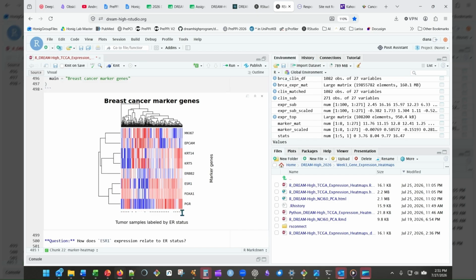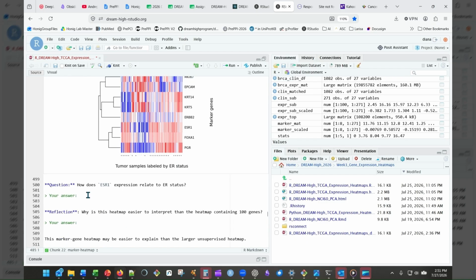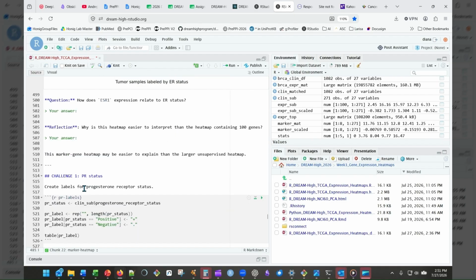For all of these ER positive samples, this is our sanity check that yes, indeed, estrogen receptor is more highly expressed. Where estrogen receptor status is negative, it's more lowly expressed. And we see this echoed also for the progestogen receptor. Okay, so some more questions for you to answer.